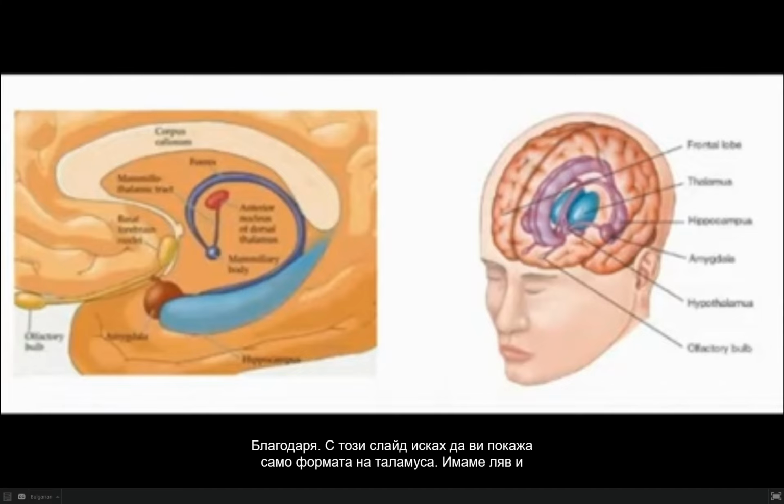Yeah, thank you. With this slide, I wanted to show you just the shape of the thalamus. We have the right and left thalamus, like the left and right parts of our brain. And actually, the thalamus also has an anterior part and a dorsal part.